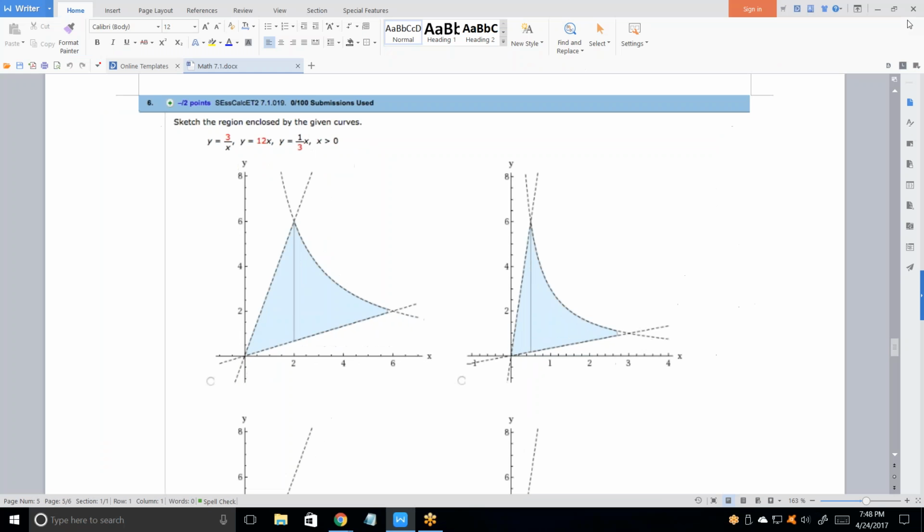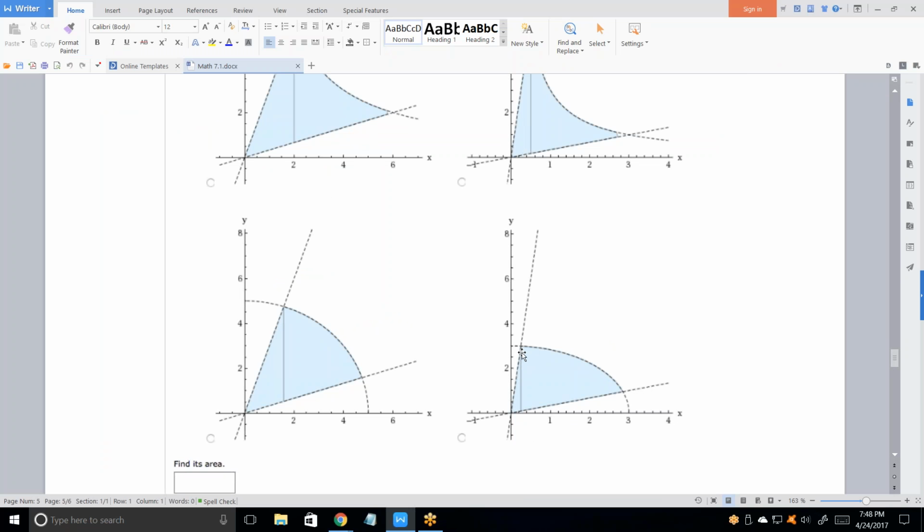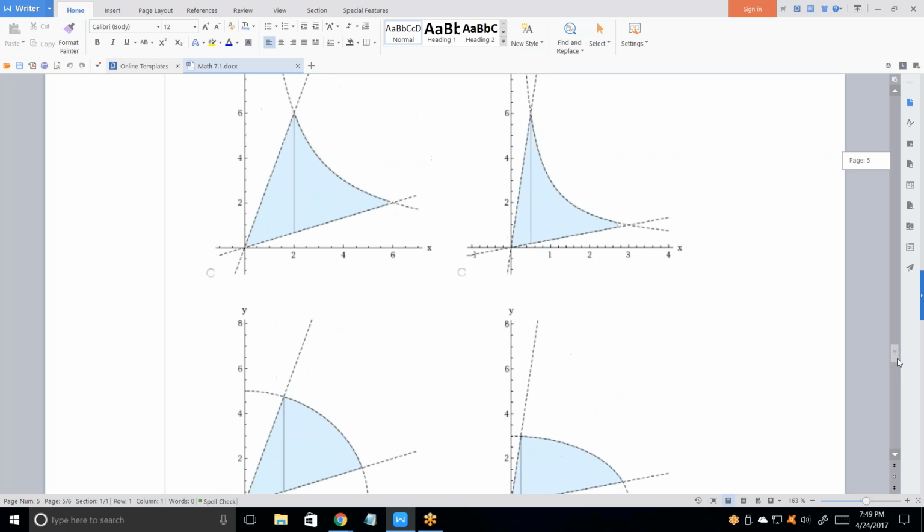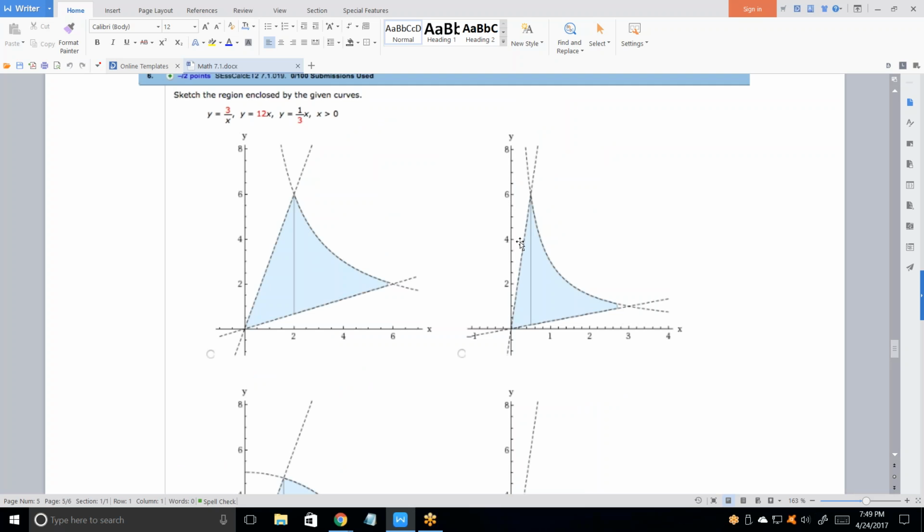If I go back down here, notice that that intersection on the lower right is not 1/2. This intersection on the lower left is not 1/2. And I'm looking for the intersection of that point right there. Well, when I solved the two equations, I got x equal 1/2. This is the only one that fits. So the upper right is the one they're talking about.